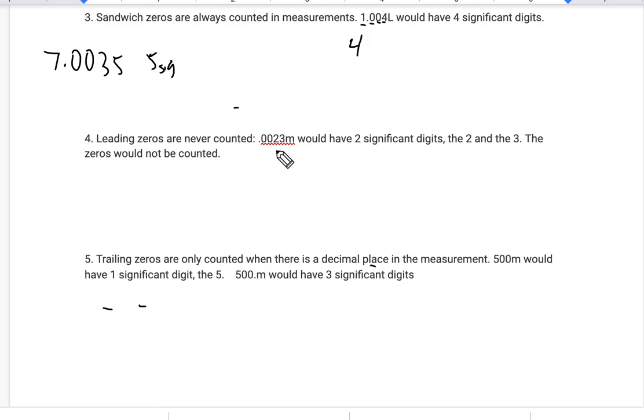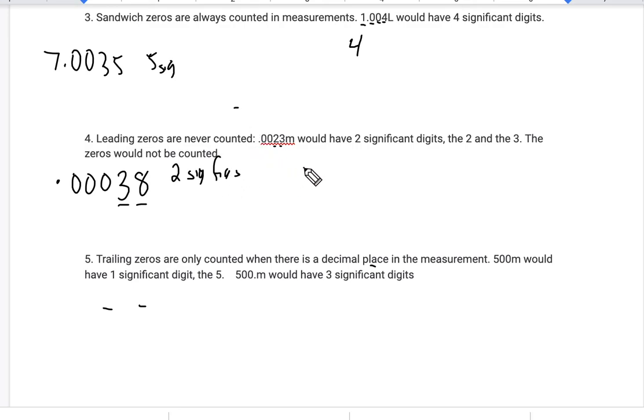So the only significant digits that you would have would be the 2 and the 3. All right, so that has 2 significant digits. If you had a number like 0.00038, these leading zeros would not be counted. However, the 3 and the 8 would be counted, so that has 2 sig figs.